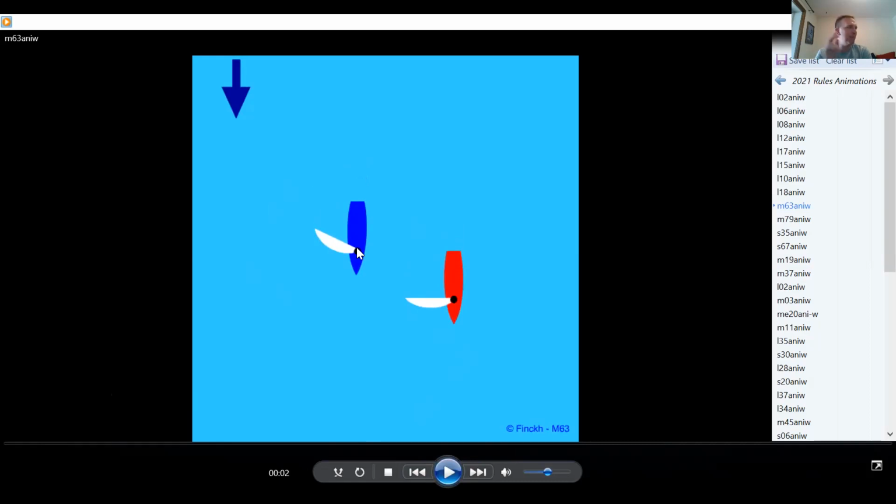Now that there's overlap, that applies. Before that, this is where the passing rule comes into play. When blue was clear astern, fully behind red, then red had right of way over blue. But when that overlap happens, then blue gets right of way over red.